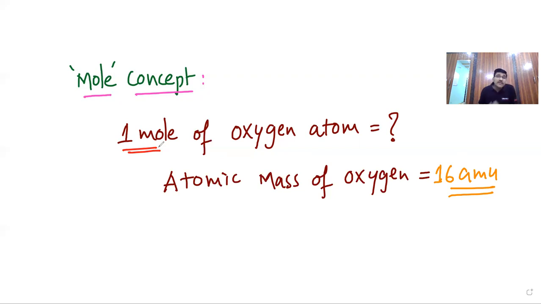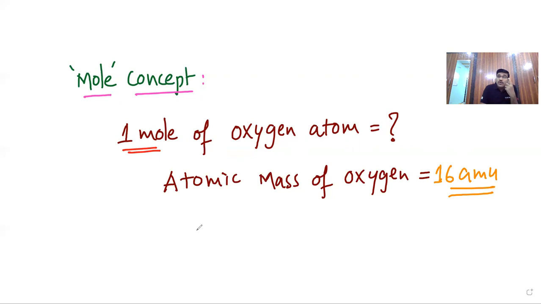In 1 mole, how many are there? In 1 mole, the Avogadro number of quantity is present. That means 6.022 into 10 to the power of 23 numbers are there. Here I clearly write: one atom of oxygen is 16.